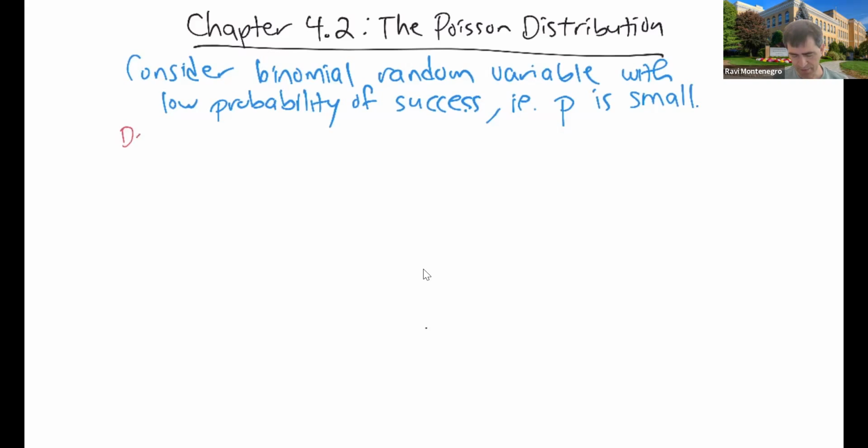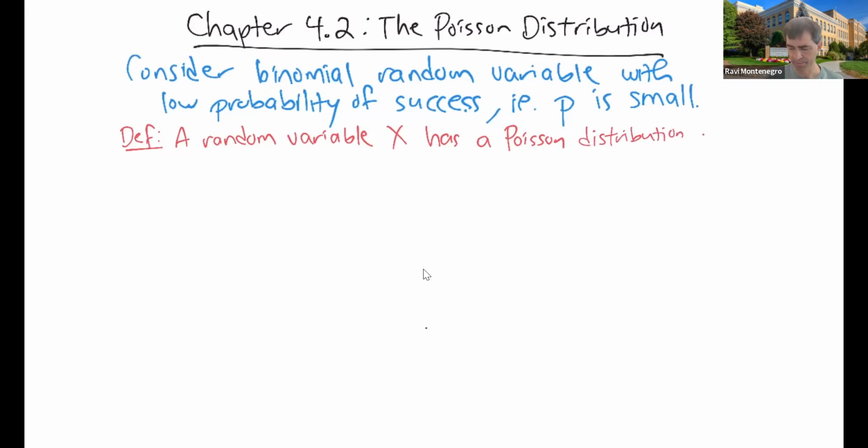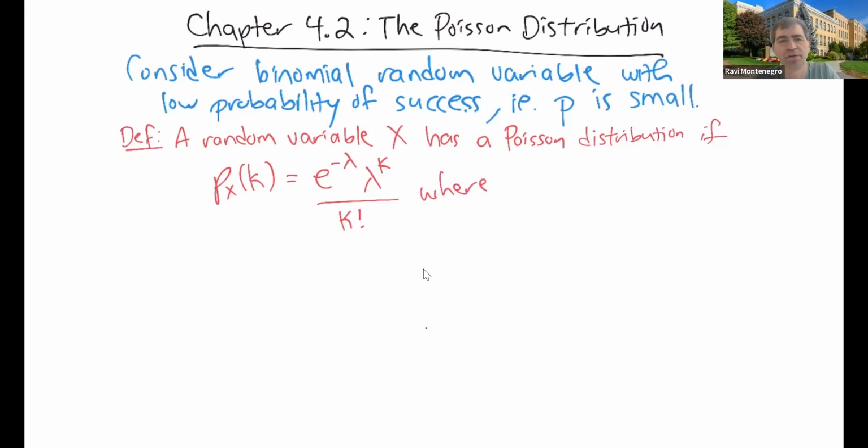So a random variable x has a Poisson distribution if the PDF is the following. So probability that x equals k is given by this. And we're counting the number of successes.